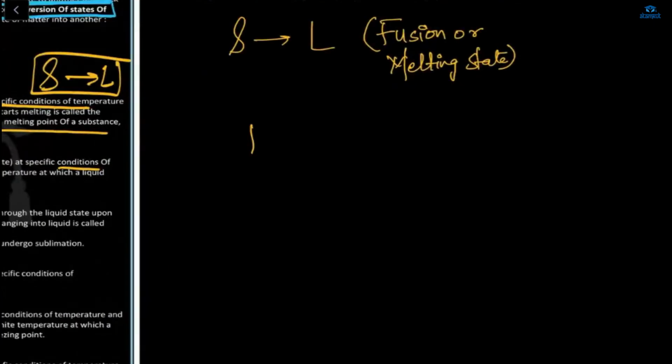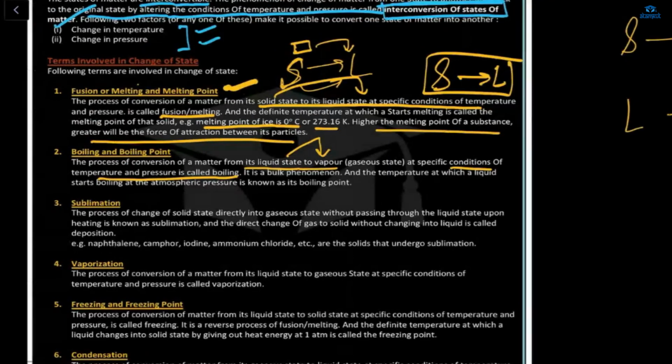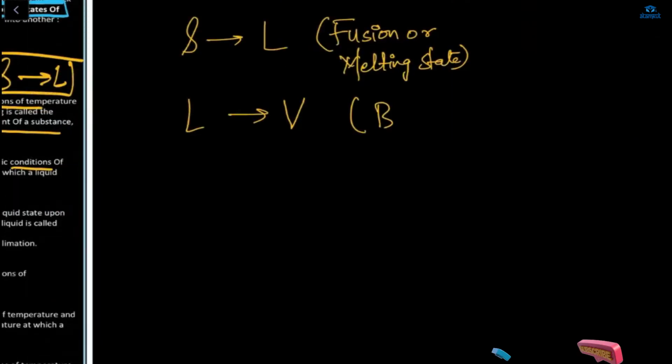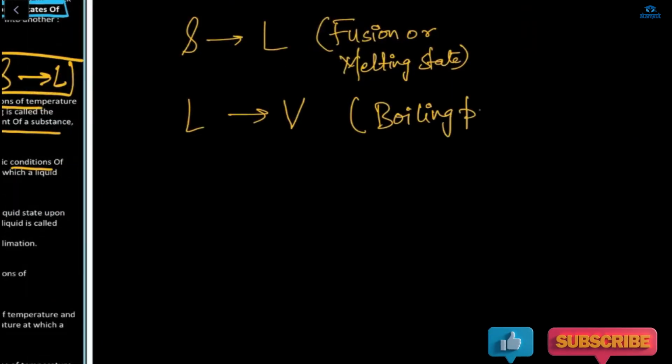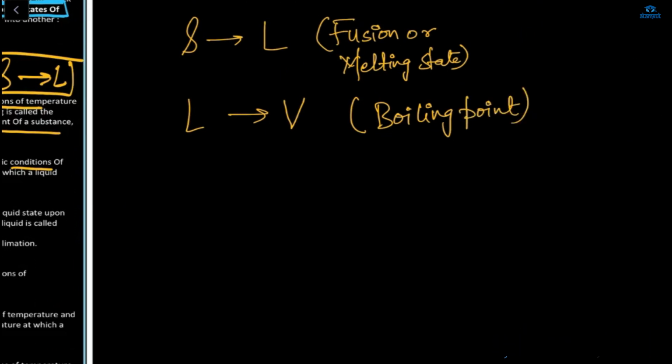When a liquid state is converted into vapor, that is called boiling. When we heat water, at 100 degrees Celsius the water is basically converting into a vapor. So when liquid is converted into vapor, that process is known as boiling point. Okay, this is vapor.